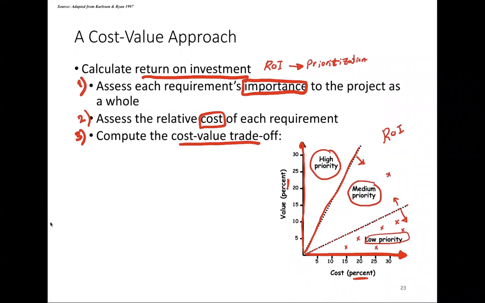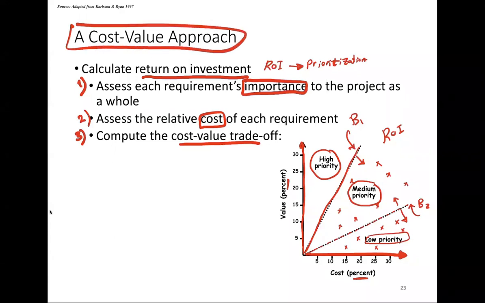Then start mapping the requirements in each of those categories by identifying boundary 1 and boundary 2. Anything below boundary 2 is of low priority. Anything above boundary 1 is of high priority. Anything in between boundary 1 and boundary 2 is of medium priority. This is a common way of prioritizing requirements using the cost value analysis.